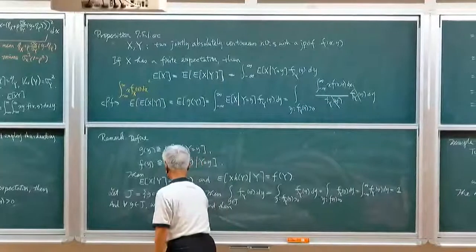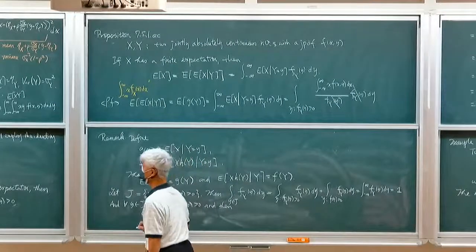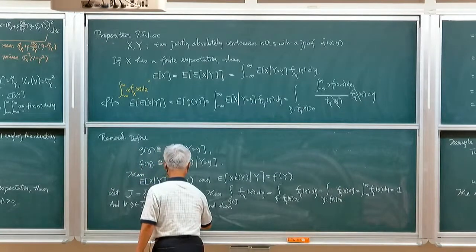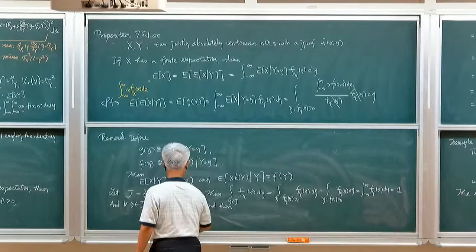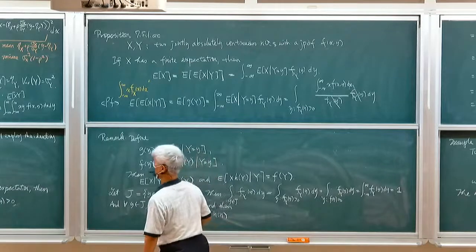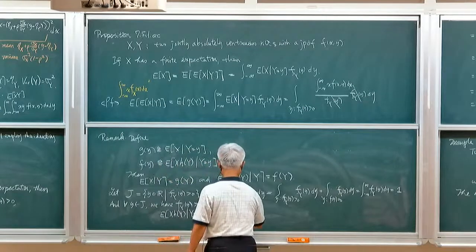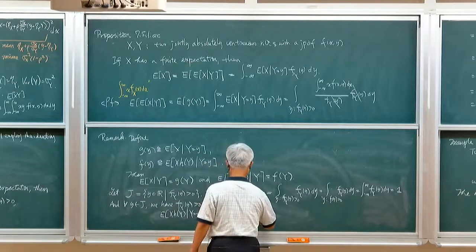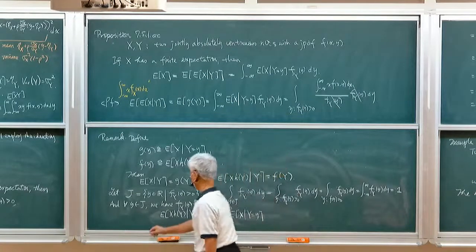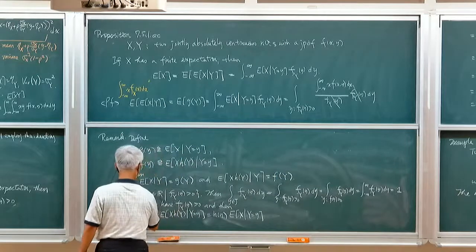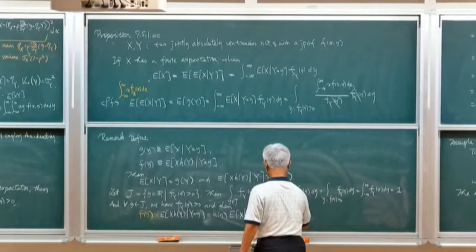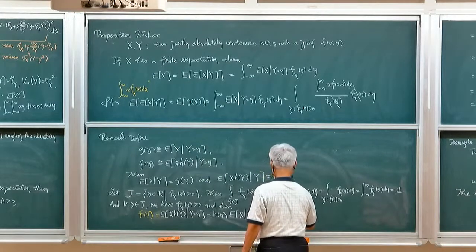And then we have E of X h, which is equal to h of y, and this is actually equal to f of y, and this is equal to h of y and g of y.